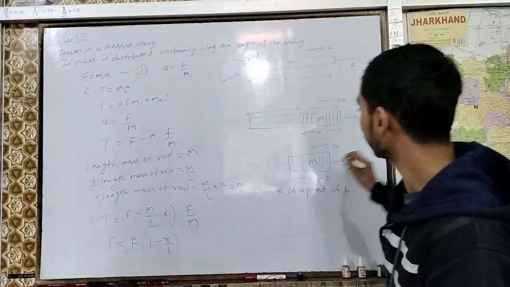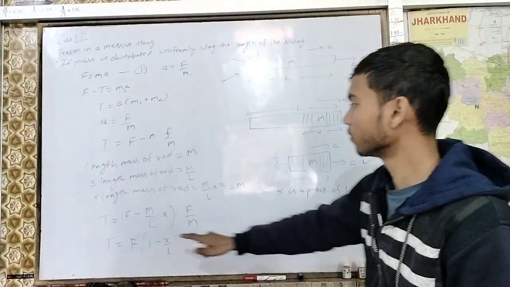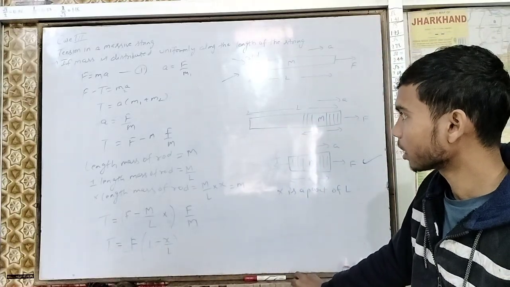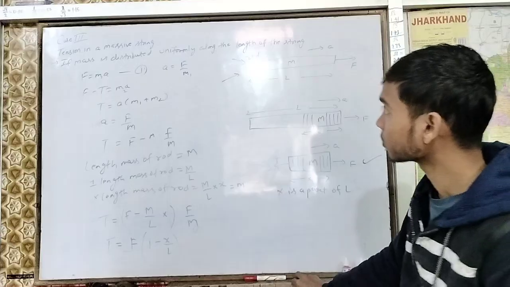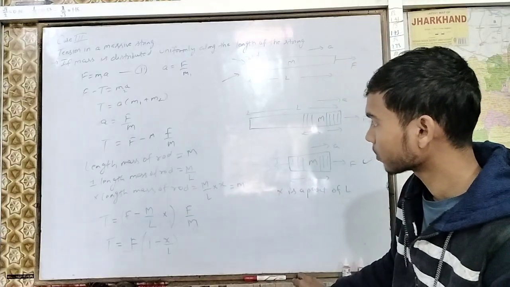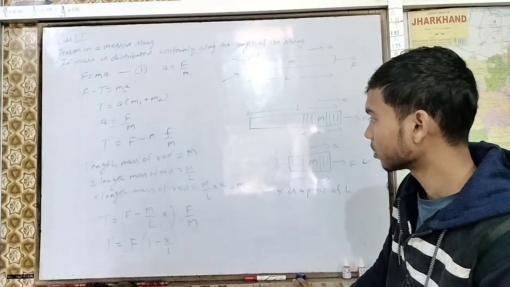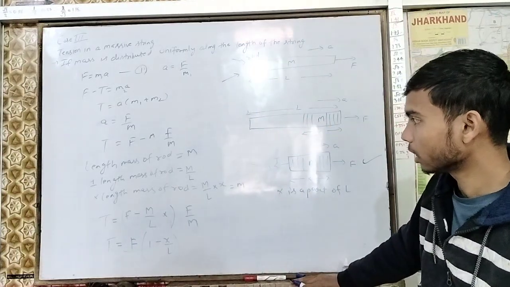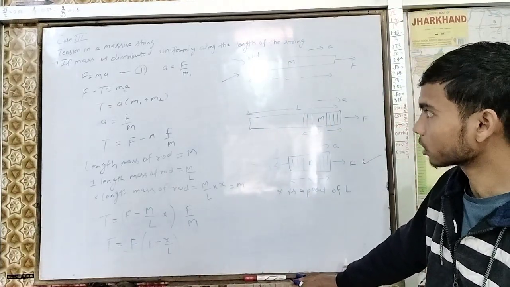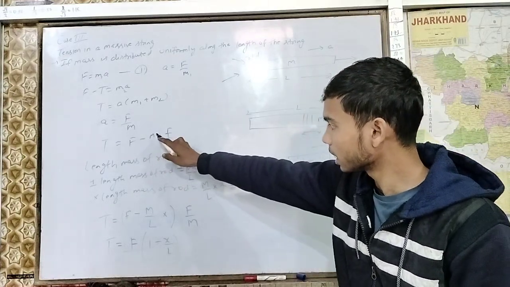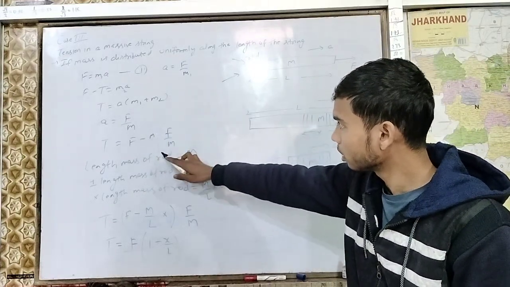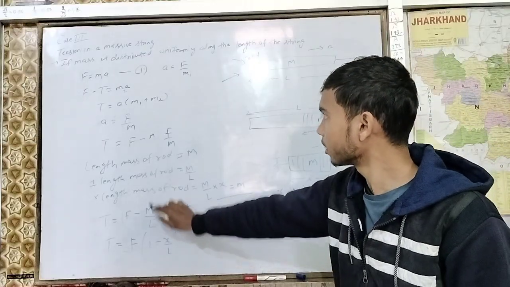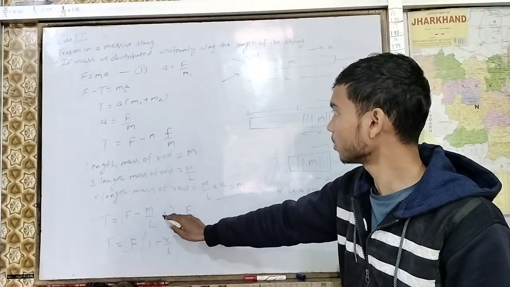Okay, tension for this, we have T is equal to F minus m upon L into x, multiplied by F upon M. So F minus m into, over here the value of m is M upon L into x.